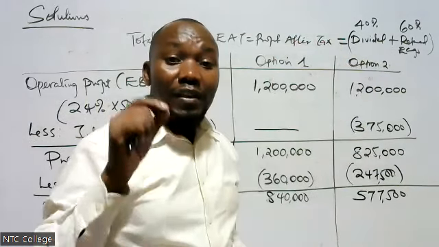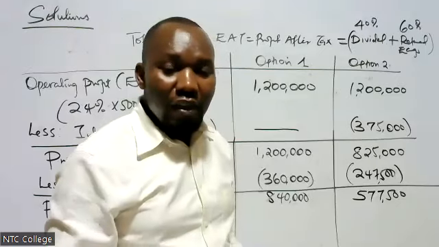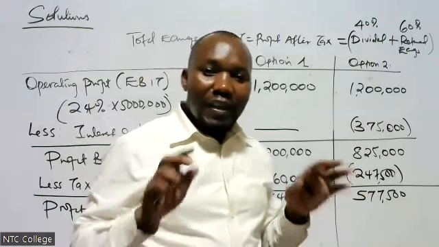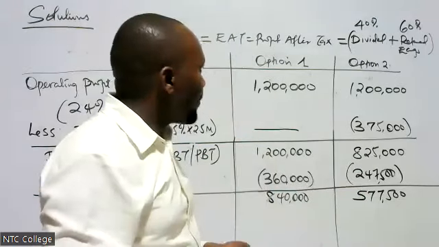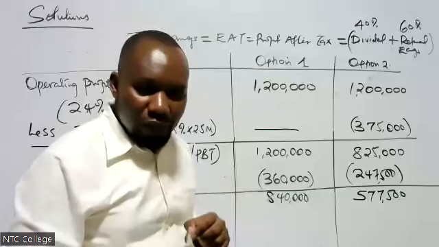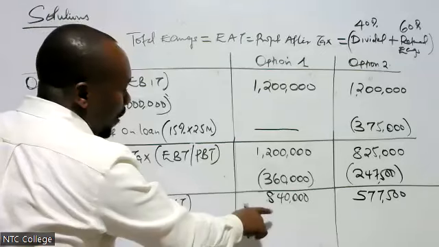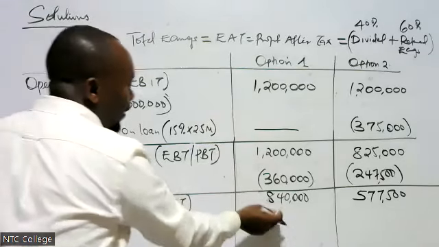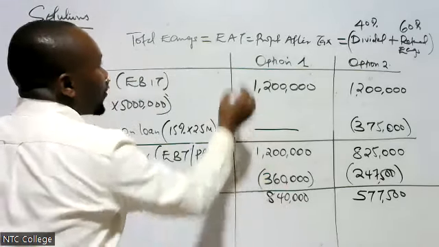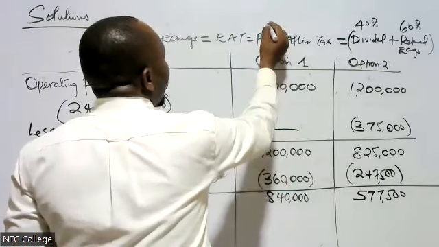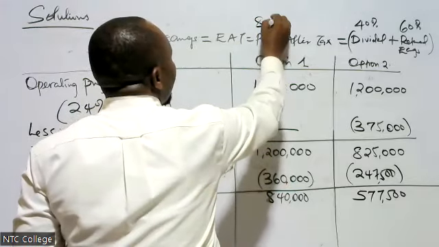Now, the one that has been given out as dividend can be dividend per share. It means that let's say the total amount of profit was, like in this case, 840, right? So let's say that 840 was the profit.